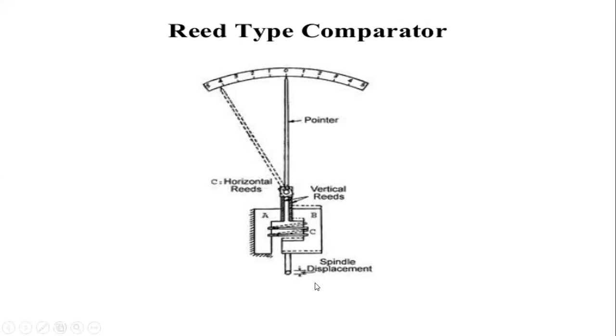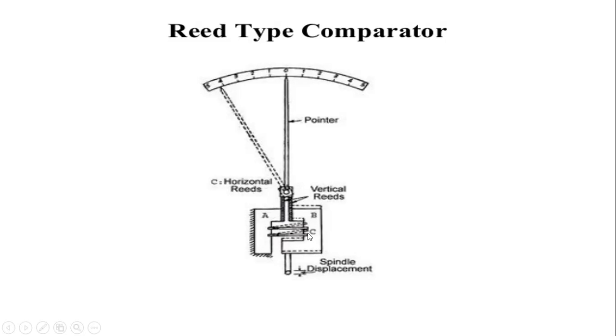So when there is any displacement in this spindle, this block moves in the upward motion. The horizontal reeds are attached between the two blocks, that is, to the fixed block and the moving block.